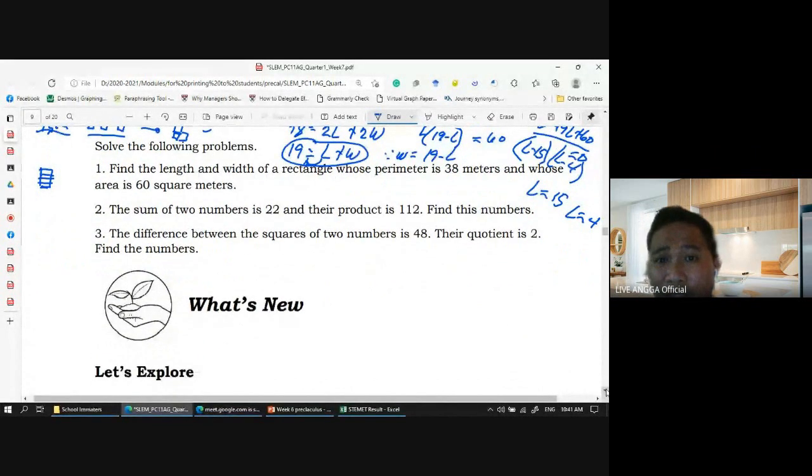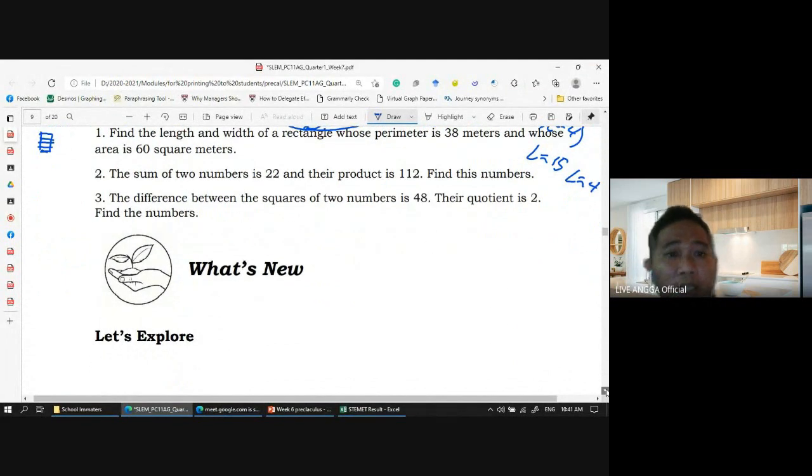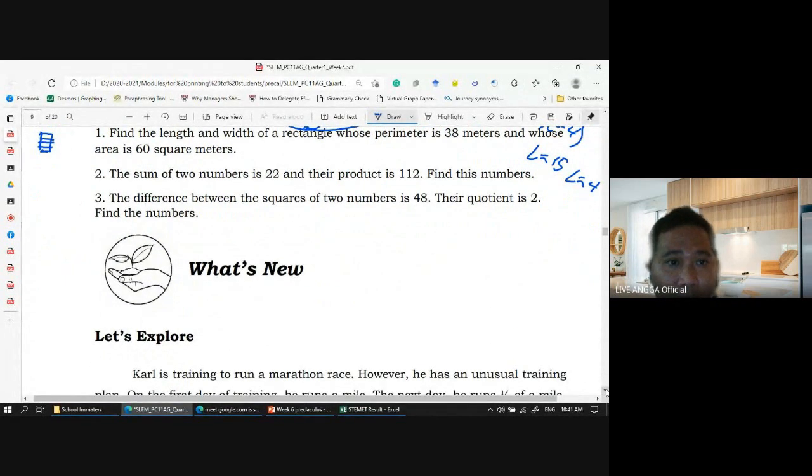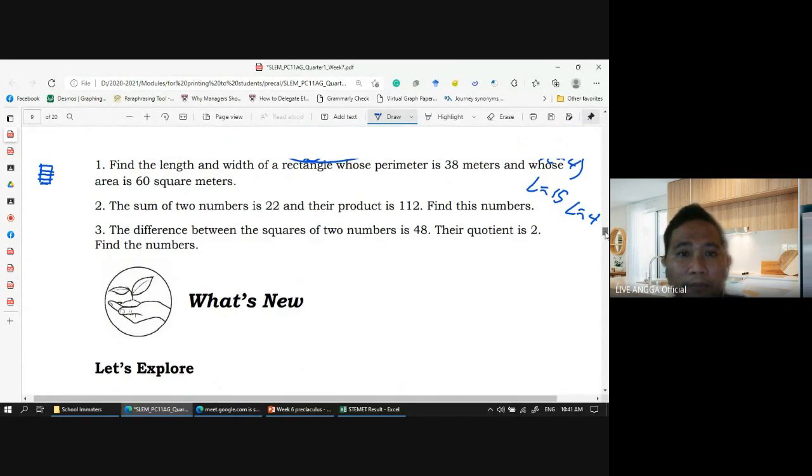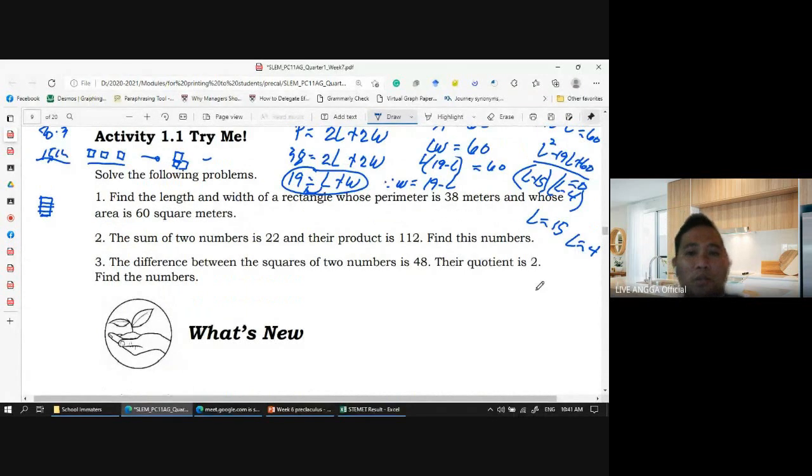Pag nagadako ang number, ang product niya ay nagadako pod. Tama, no? This is another case. Number 3, the difference between the squares of two numbers is 48. The quotient is 2. So in this one, we are talking about linear equations in which the two are related to each other.